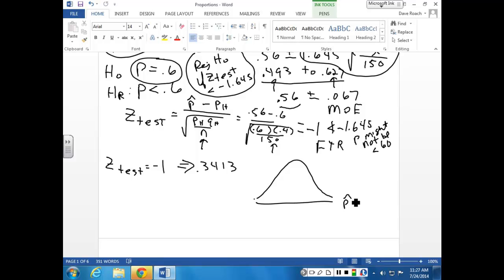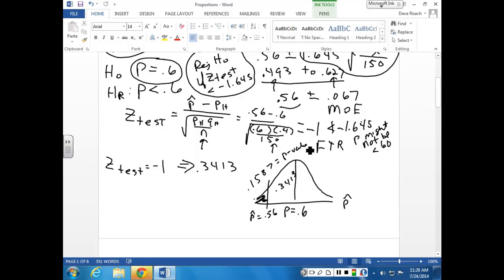What we're saying is if we have a large enough sample size, this distribution will be a bell curve centered on the population parameter, which is 0.6, and we observed a specific value of p-hat that's equal to 0.56, and we want to know the likelihood of observing a value that's 0.56 or below, that extreme in the direction of the research hypothesis, if H0 is true. And so if this is 0.3413, then this is 0.1587. That's the p-value.